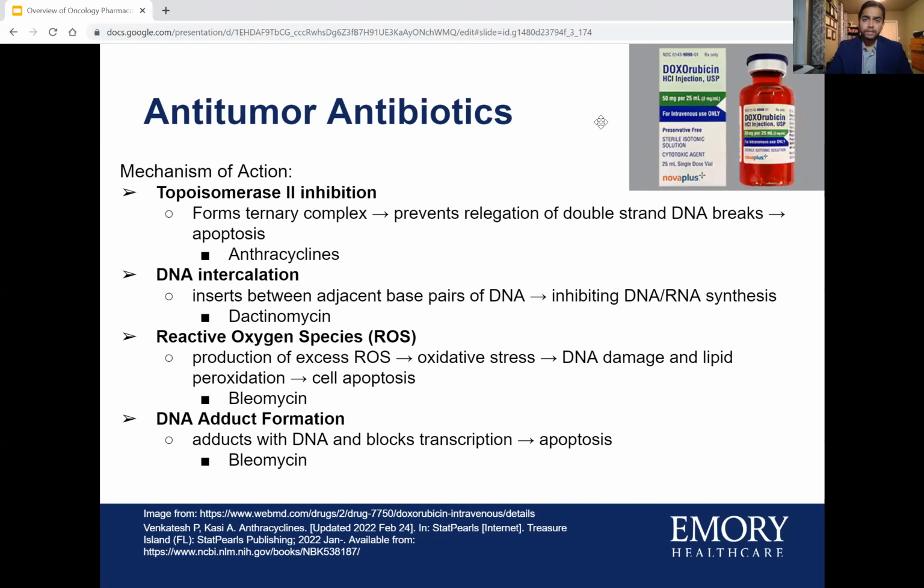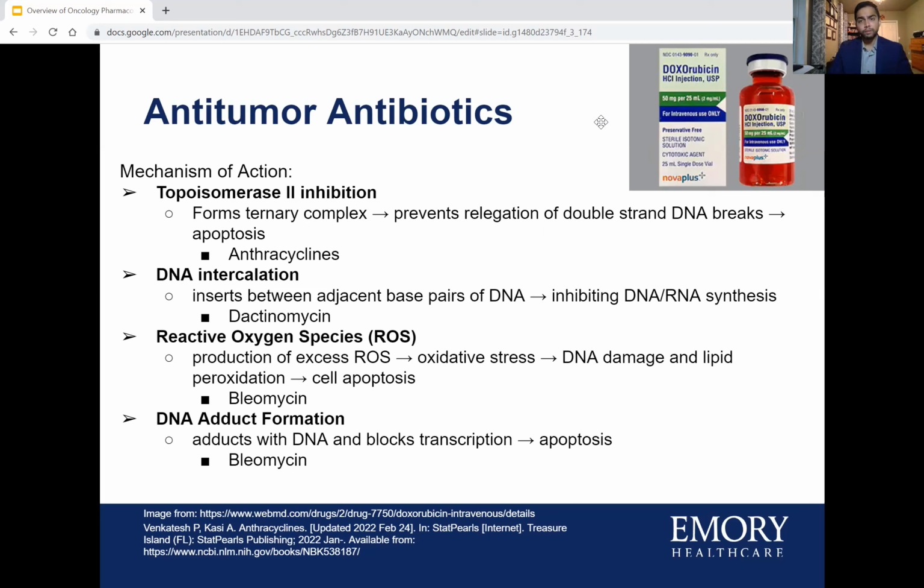So this class of drugs has 4 different mechanisms that they share, and anthracyclines will actually show components of all 4 of these mechanisms. So we see topoisomerase inhibition, and we'll cover more about that in the upcoming slides. But DNA intercalation, so what we see is that the drug inserts itself between adjacent base pairs of DNA, and this inhibits DNA and RNA synthesis.